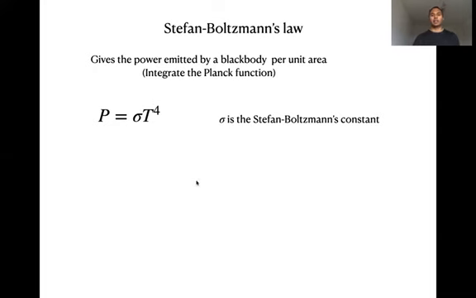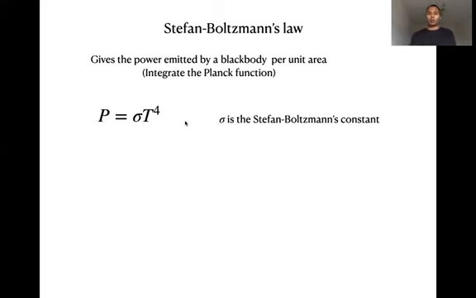All right, so the last one is Stefan Boltzmann's law. I tend to not think about this as a fundamental law, at least the way this material is presented, because you can always derive this law from the Planck function. Anyway, the Stefan Boltzmann law gives the power emitted by a black body per unit area. So this is energy per unit time per unit area.